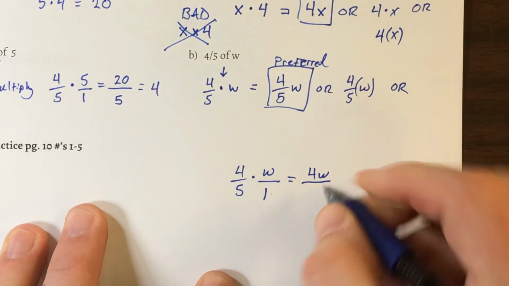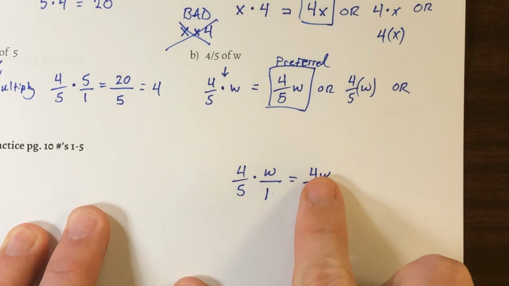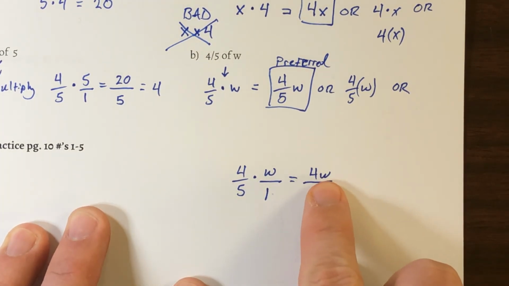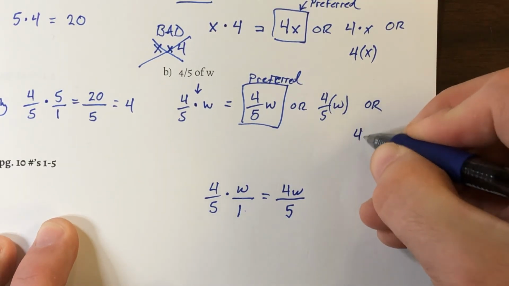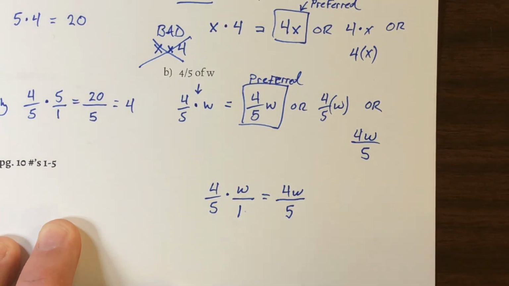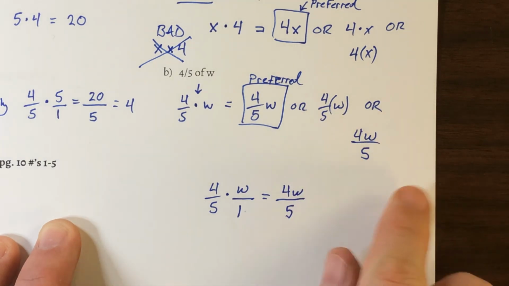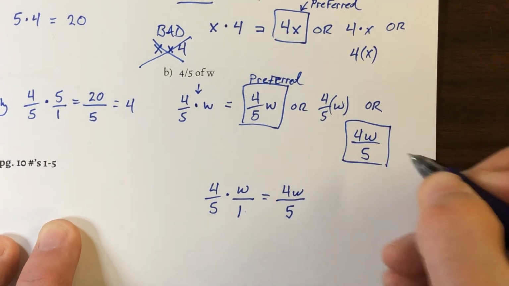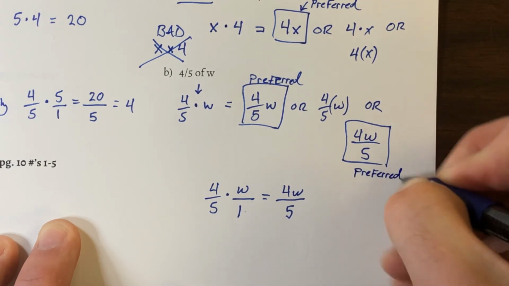What's 5 times 1? 5. So notice, on this example, the letter ended up on top. That's also the other preferred answer. So 4w over 5. Same thing as 4/5 w, or 4/5 times w. They're all the same, but both of these are the preferred. And they all mean the same thing.